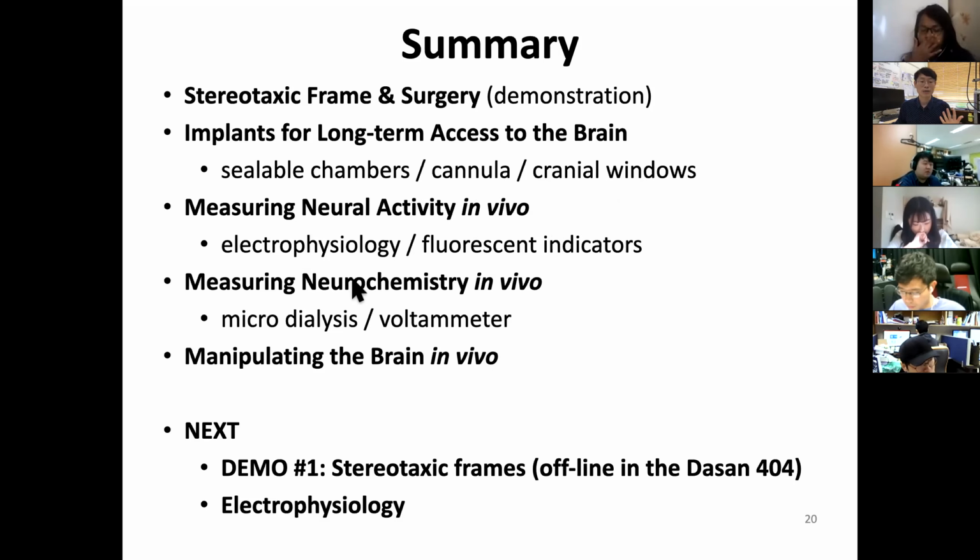And measuring neurochemistry in vivo, you can use microdialysis and photometry. I'm not saying these are very easy. These are techniques that sometimes you hold for your master's thesis or your PhD or postdoctoral experience. But depending on your purpose, you can choose which to use.